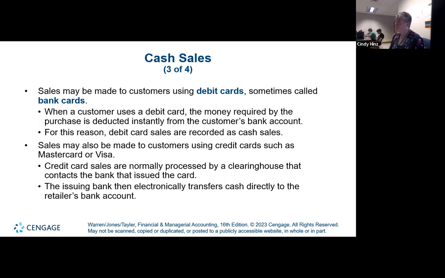That process has gotten a bit streamlined over the past several years, maybe 10 years, so that there is no delay or very little delay from the time that the sale is made until that cash is available for the seller.